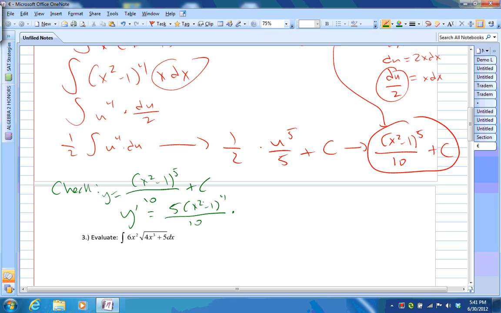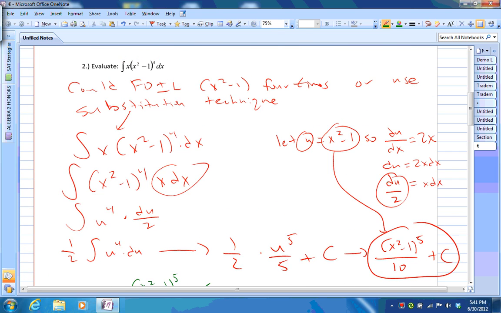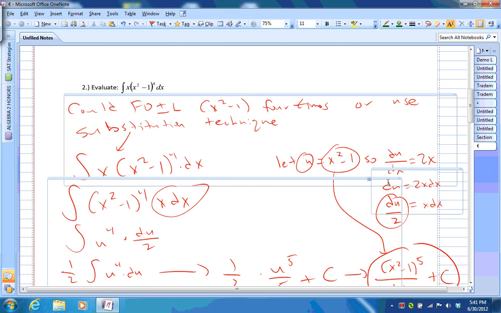Then you got to do the chain rule, so derivative of the inside. Derivative of x squared minus 1 is 2x. And of course, the derivative of c is just 0. So you wind up getting 5 and 2 becomes 10, and the 10s cancel. So you get x squared minus 1 raised to the 4 power. What do you know? That's the same as the original.